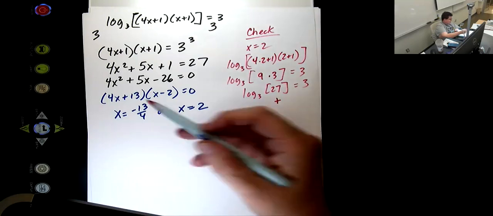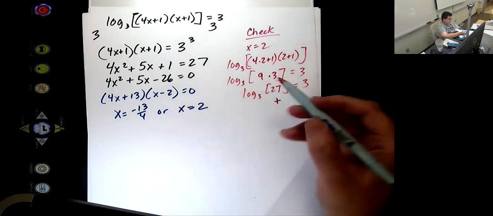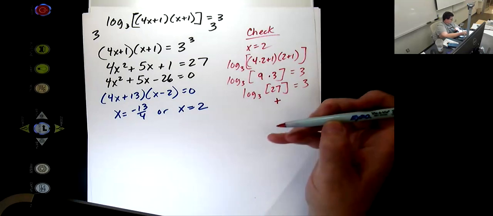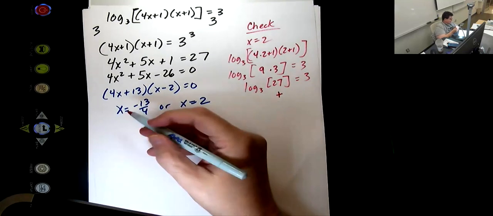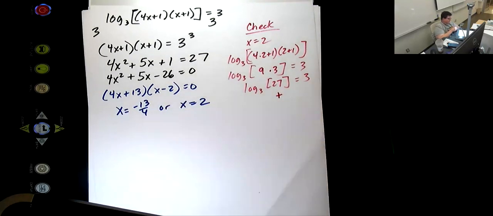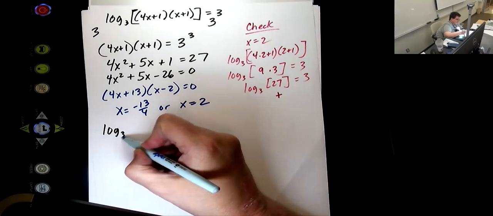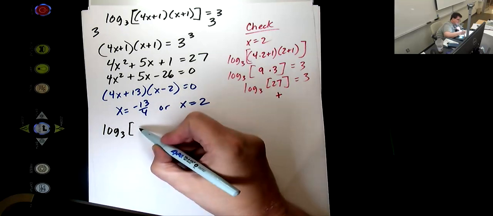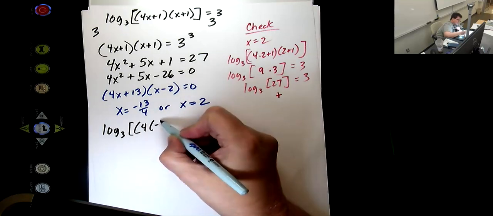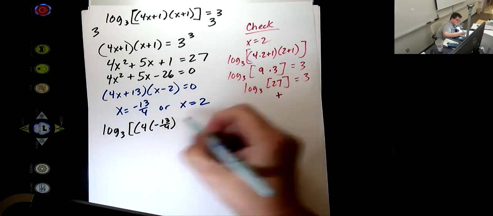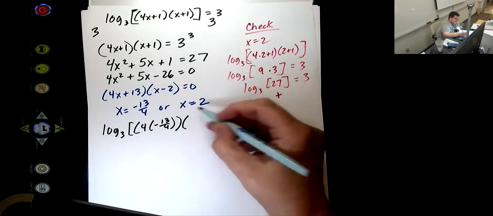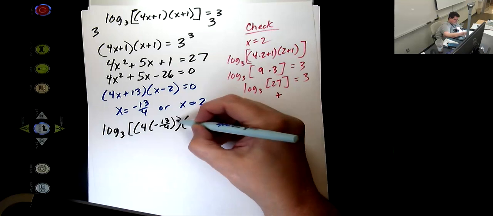What if I stick in negative 13 over 4? I'm missing a plus 1 there.